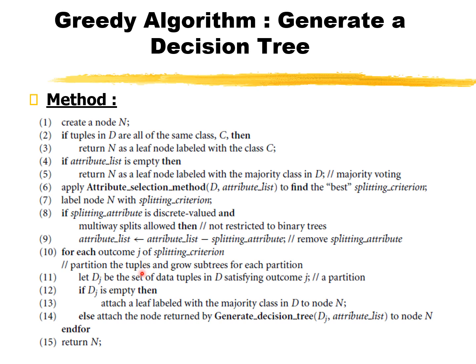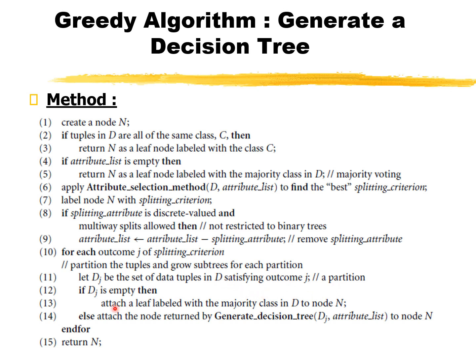Now we're going to start a for loop. For each outcome J of the splitting criterion, let DJ be the set of data tuples in D satisfying outcome J. So this is the splitting criterion, and we have a partition, or part of the tuples, that satisfy it.